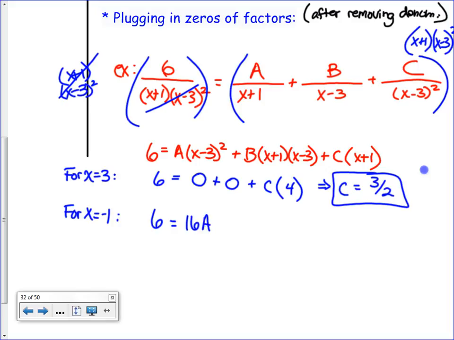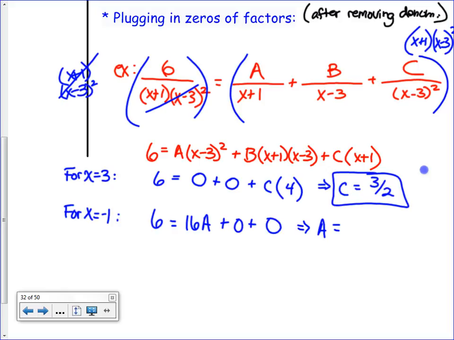Be careful of your math, I'm just doing it fast for sake of class. -1, wait a minute. 0, 0. Sweet, right? Because then a equals 16 over 6, which would be 3 over 8.